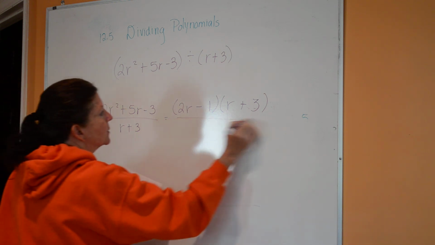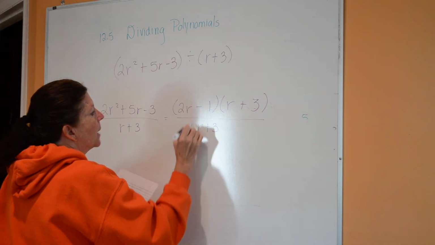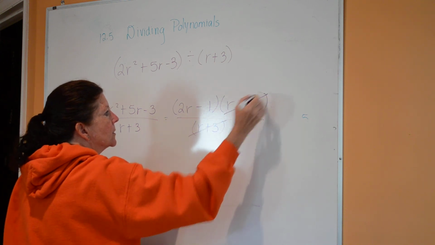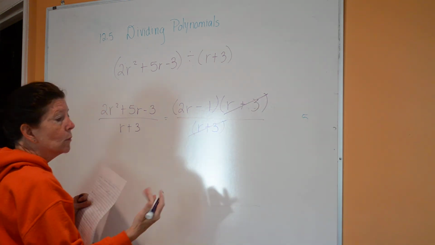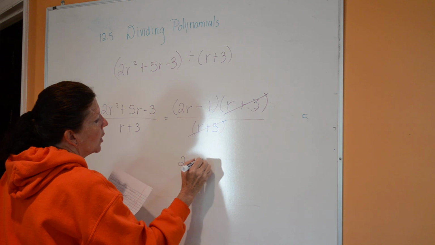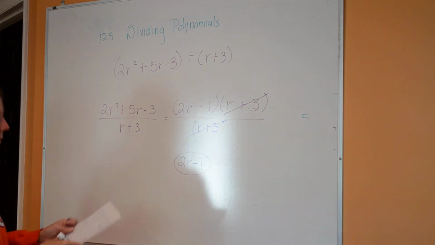So that's what that factors into. The bottom is r plus 3, so those two go away, or they're equal to 1, and I get 2r minus 1 as my answer.